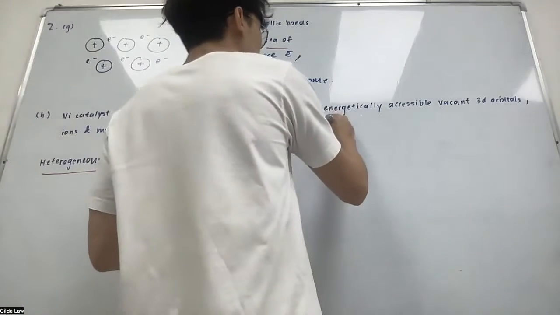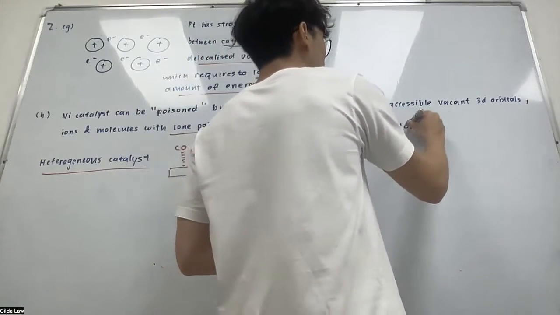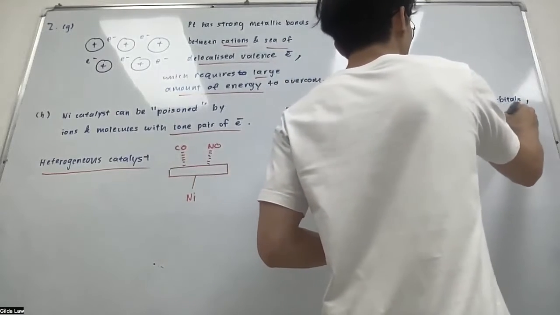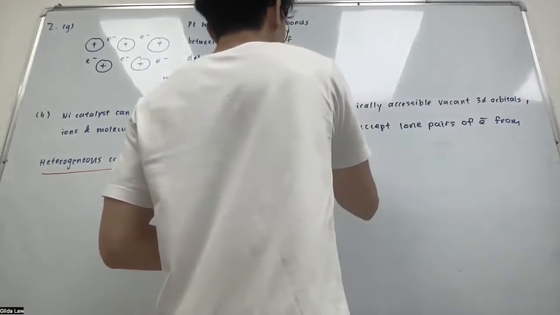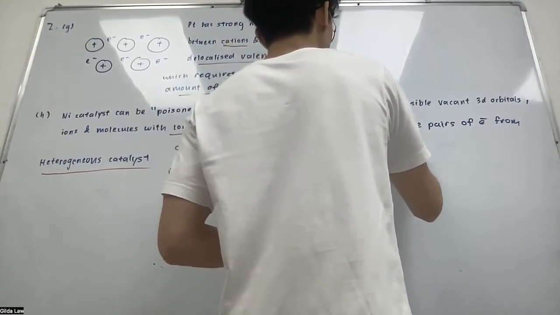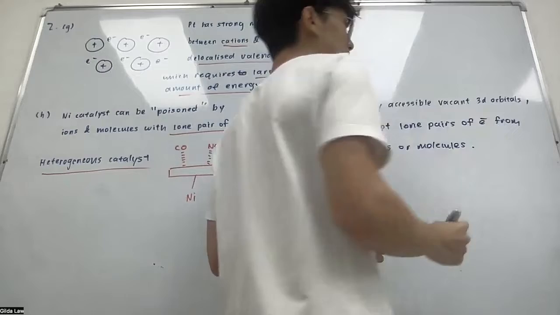So you can write that it accepts the lone pair of electrons from the unwanted ions or molecules. This is basically the poisoning part happening already.